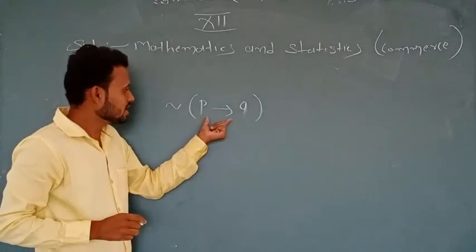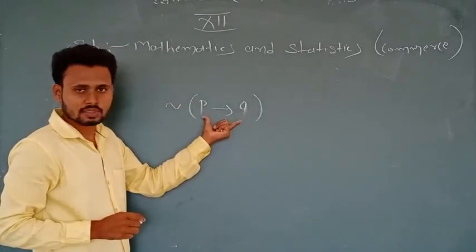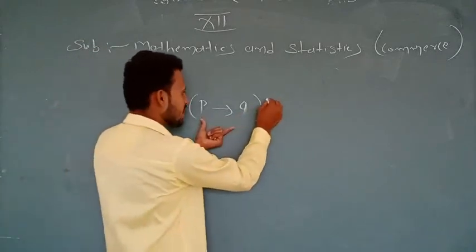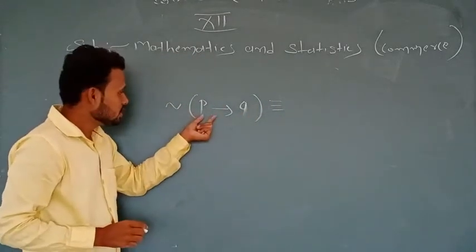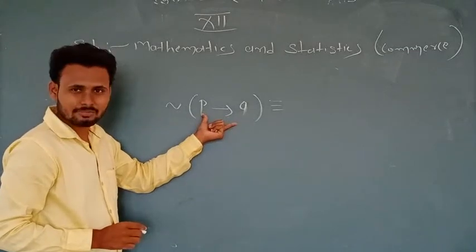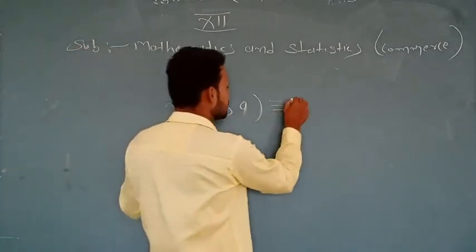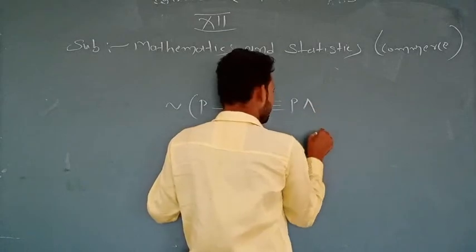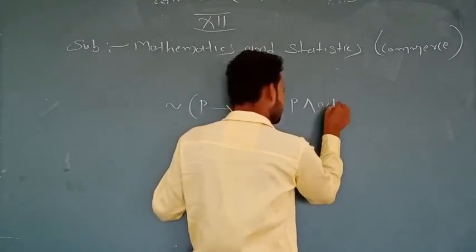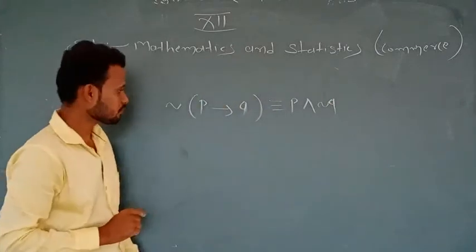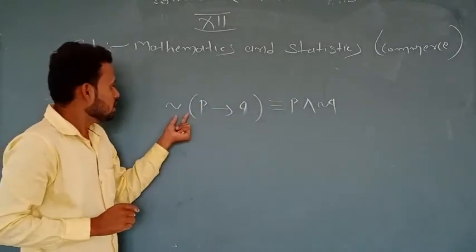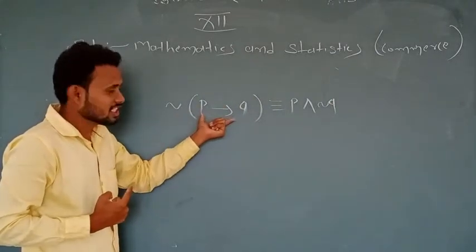The negation of a conditional statement of two simple statements P and Q is just the conjunction of the first statement P as it is and the negation of the second statement Q. Okay, this is the negation of a conditional statement.